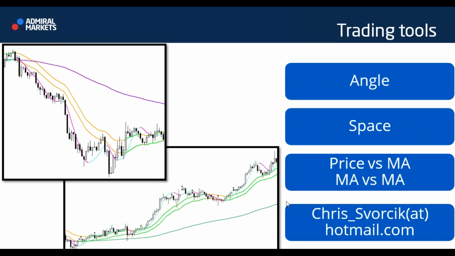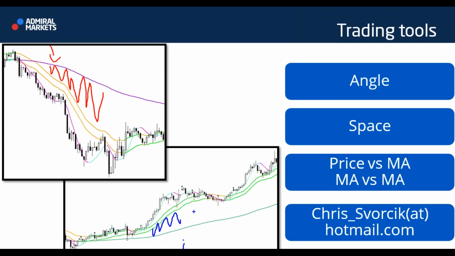So, other things to consider with moving averages are the angle and the space between the moving averages. When the 21 is moving away from the 144, more space is available here, as you can see. Plus, of course, the angle is in both cases bearish here, in both cases bullish here, plus some widening of the angle.